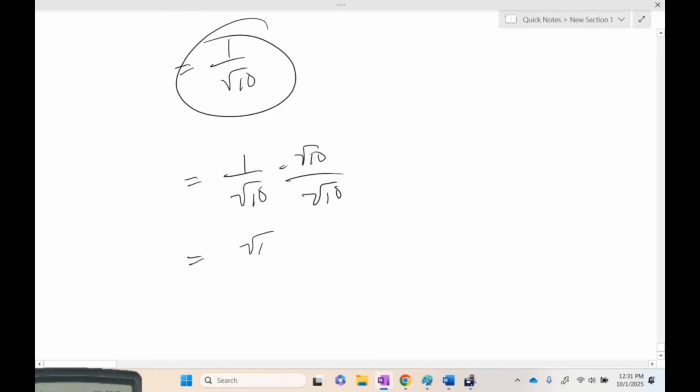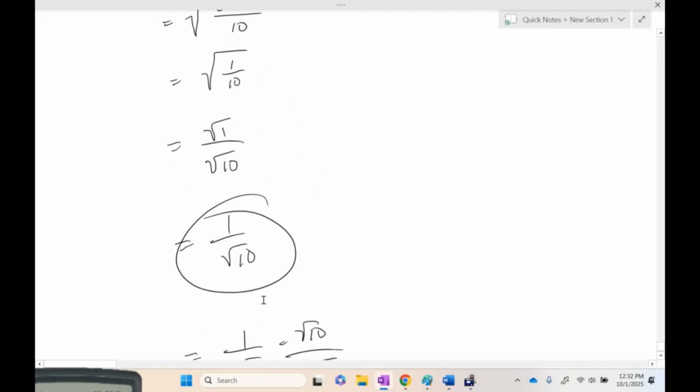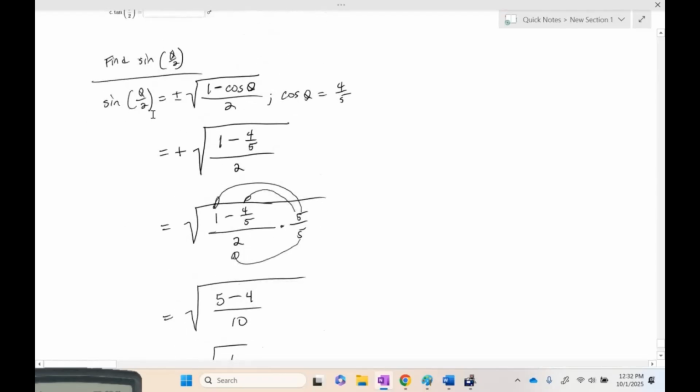So then I get something that looks like this, the square root of 10 over 10. Right? Because 1 times the square root of 10 is the square root of 10. The square root of 10 times the square root of 10 is the square root of 100. And the square root of 100 is perfectly 10. All right, so that's the half angle for sine.